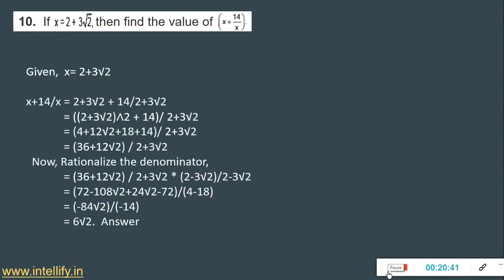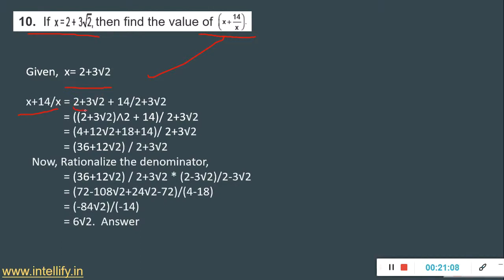Question number 10. If x is equal to 2 plus 3 root 2, then find the value of x plus 14 by x. It is given and we have to find this. To simplify this question, let's take x plus 14 by x and put the value of x in this.